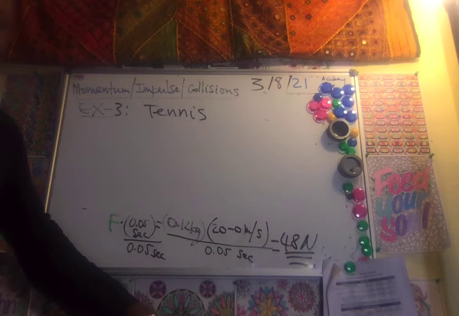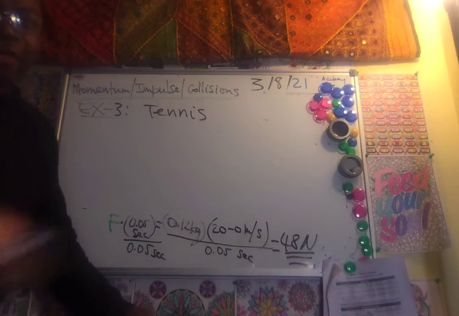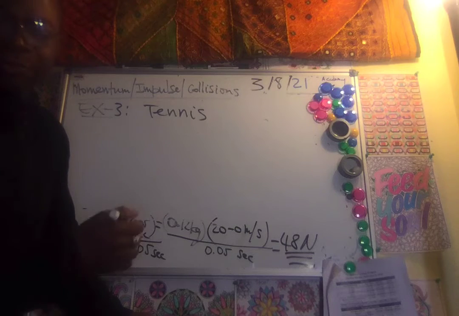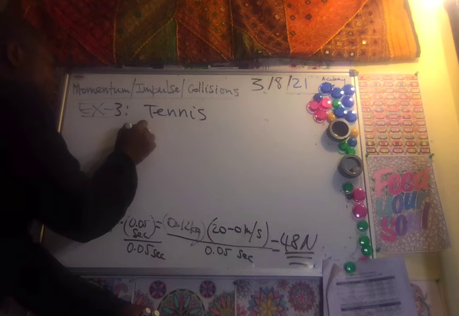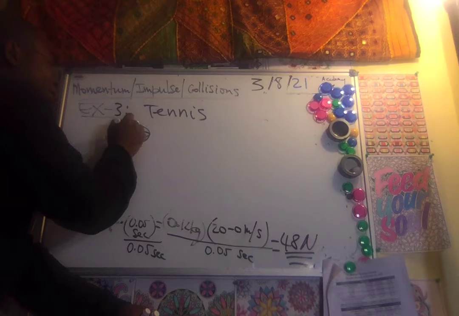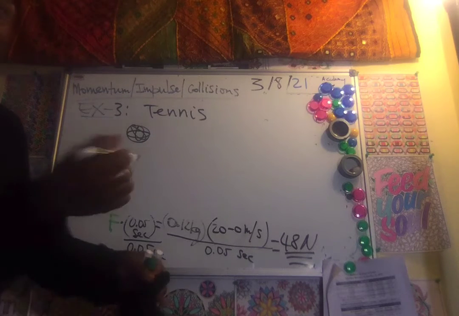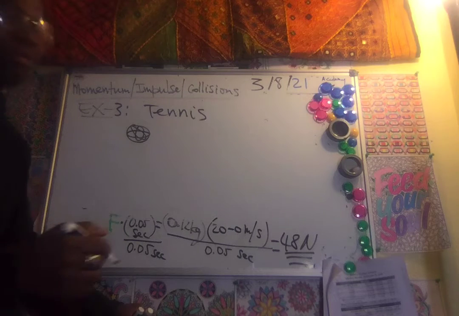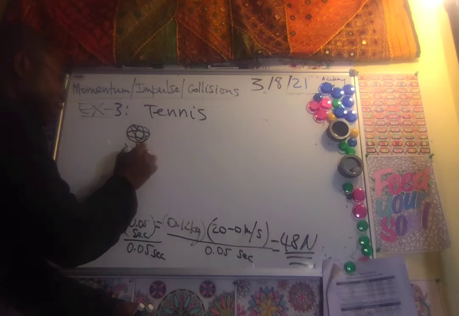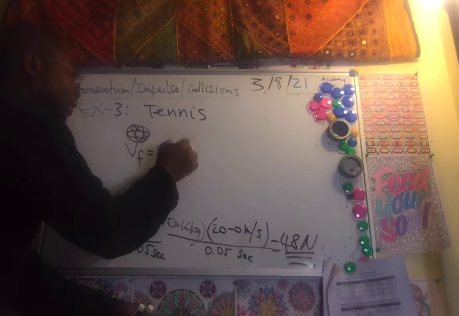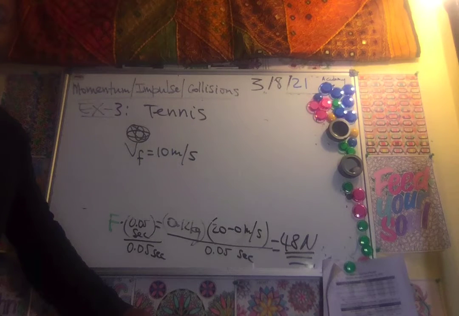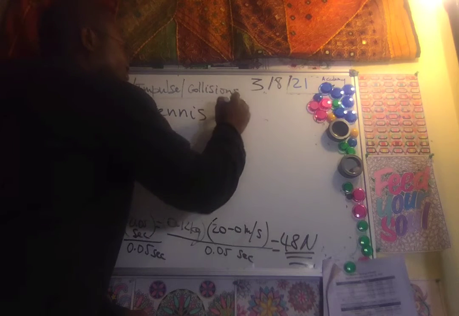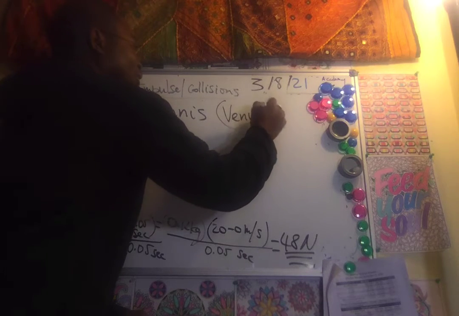Let's say you send a tennis ball with 10 meters per second. So I'm going to say V final is 10 meters per second. Let's say that's Venus Williams. I'm just going to use somebody we know.